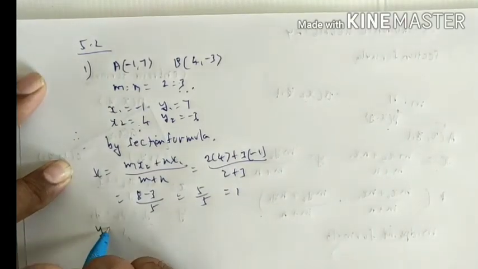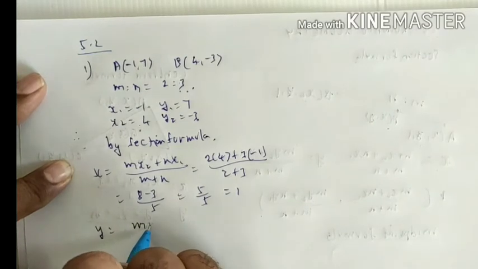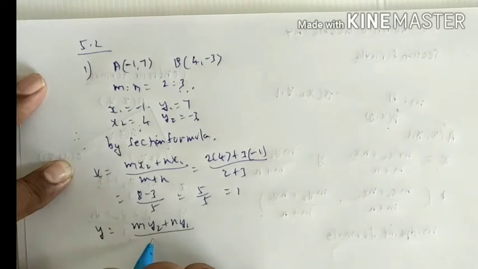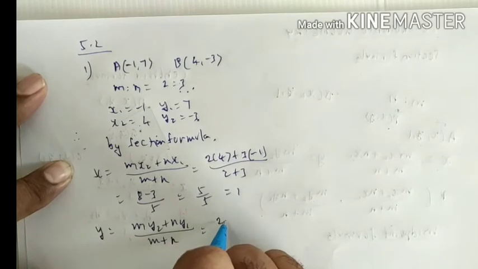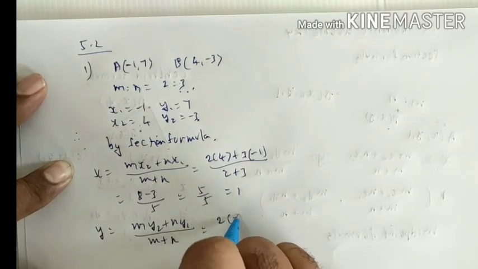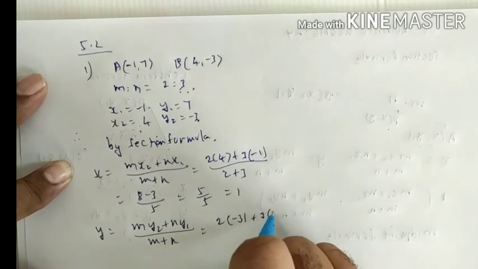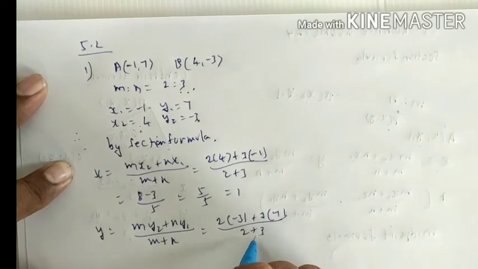In the same way, what is the value of y? Y is given by my2 plus ny1 upon m plus n. It is equal to 2 into -3 plus 3 into 7 upon 2 plus 3.